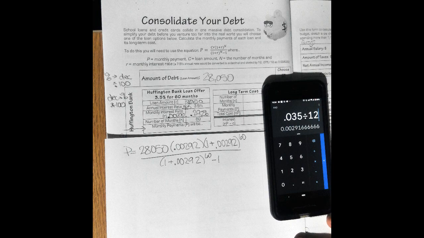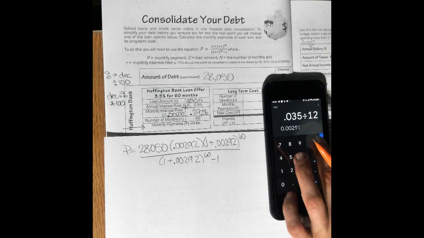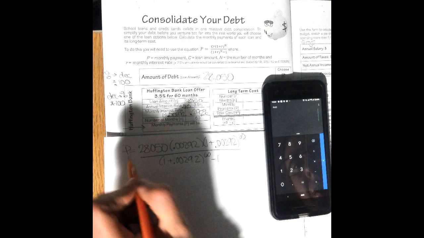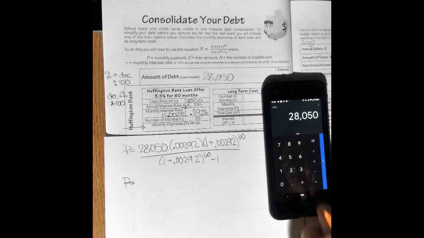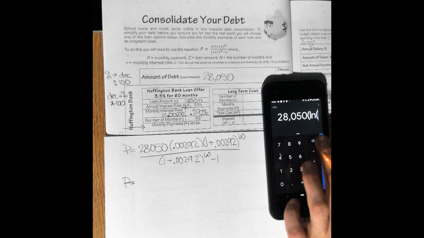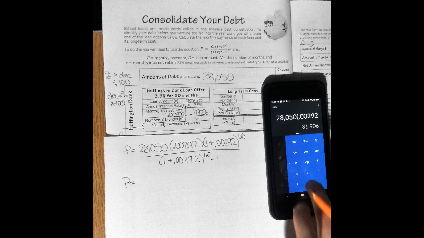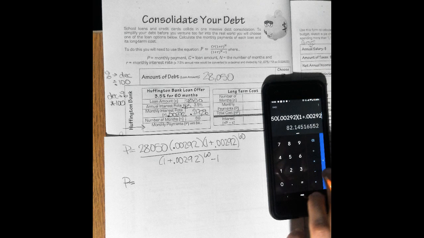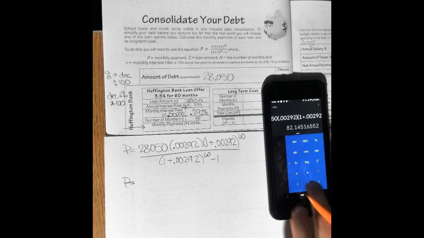So I'm going to start typing this in. I'm going to type in everything in my numerator. Feel free to pause the video as you're typing your things in, that way you can keep up with the steps. So there's my numerator. My exponent button is the caret right there.